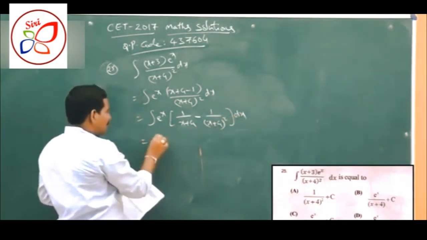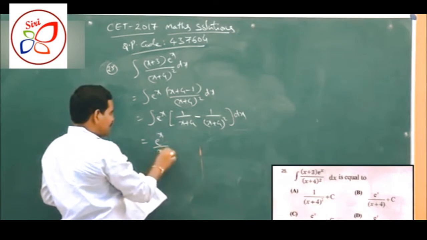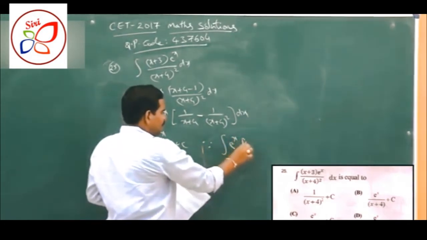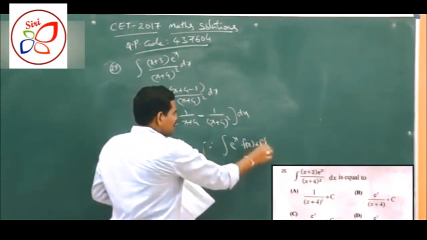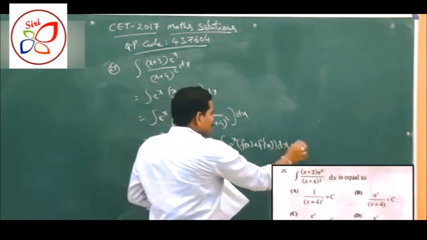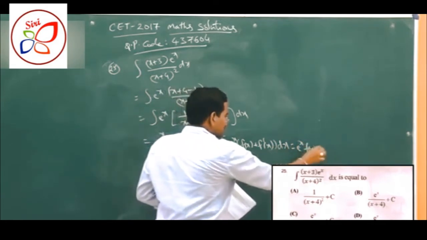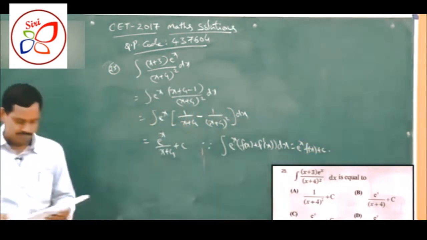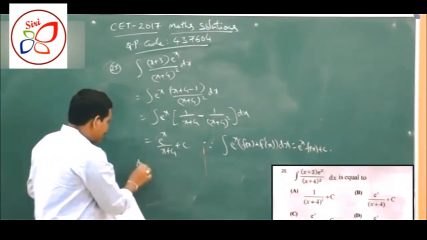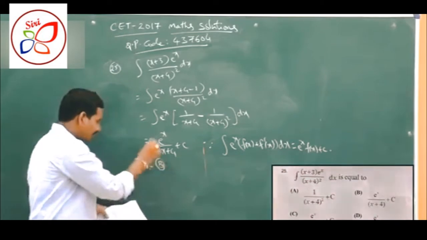So its value is e power x into f of x plus c. Here the formula used is integral e power x into f of x plus f dash x dx is equal to e power x f of x plus c. So the answer is second option B.